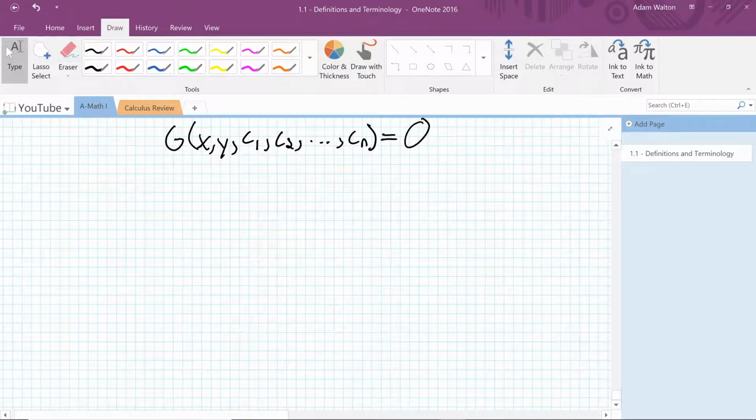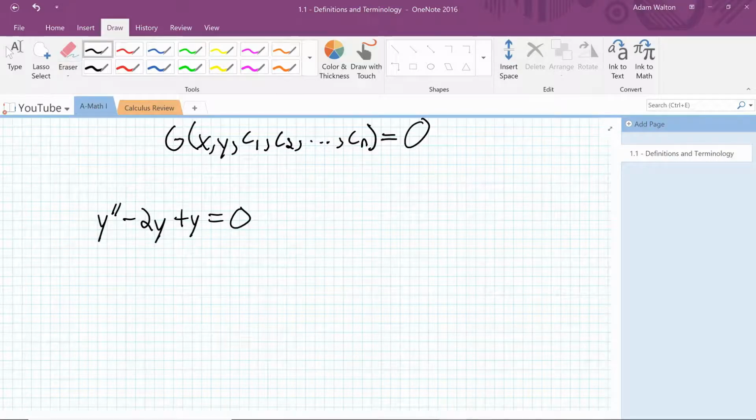So let's consider the second order differential equation y'' - 2y' + y = 0. This should look familiar from before, because we worked with this example to verify a solution earlier via our substitution method.